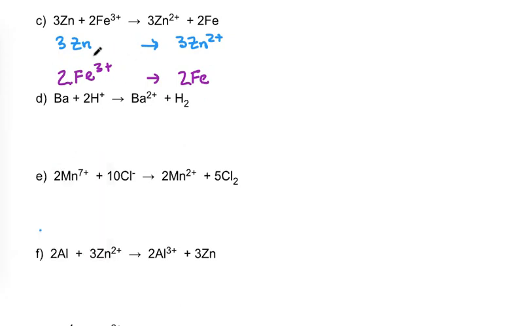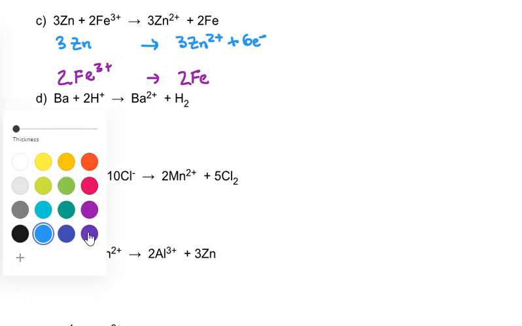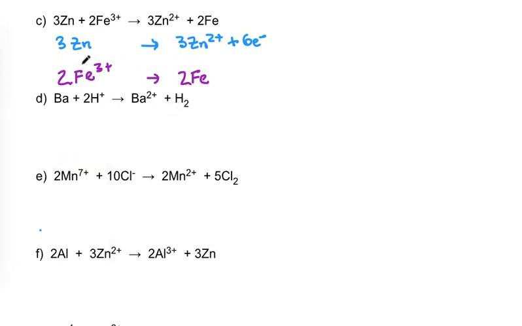What's our charge here? 0 on the left, plus 2 per zinc on the right, but there are 3 of them, so a total of plus 6 charge on the right. This reaction needs 6 electrons if it's going to be balanced. And in the iron reaction, we have plus 6 charge on the left, 0 on the right. Left side needs 6 electrons to balance out.